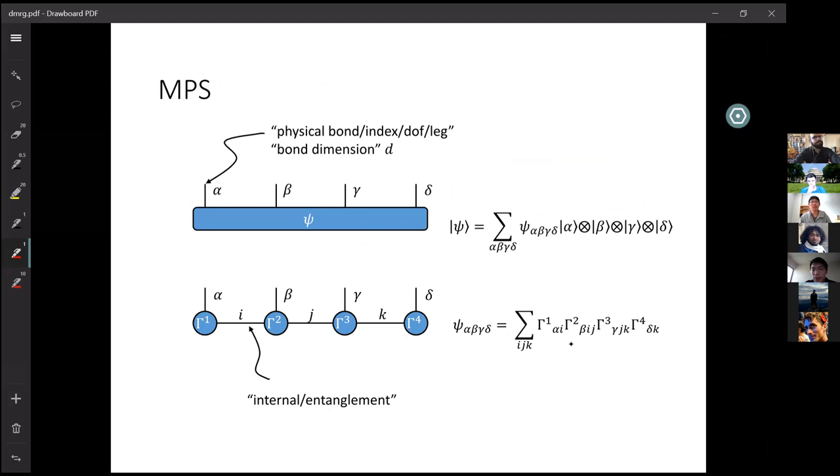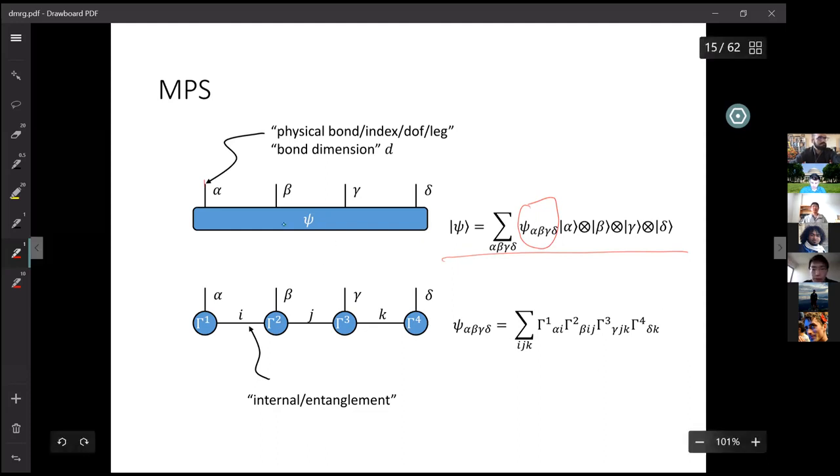This four-site wave function looks like this. It is a tensor with four indices, that's just the psi tensor here. The alpha, beta, gamma, delta are called the physical indices. And they have bond dimension D, which is the local Hilbert space dimension. If you have spin 1/2, then D will be equal to 2. So that's a general wave function.